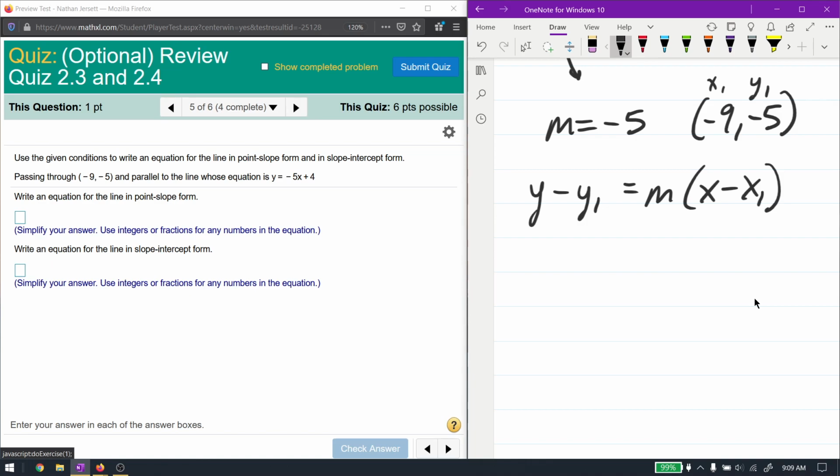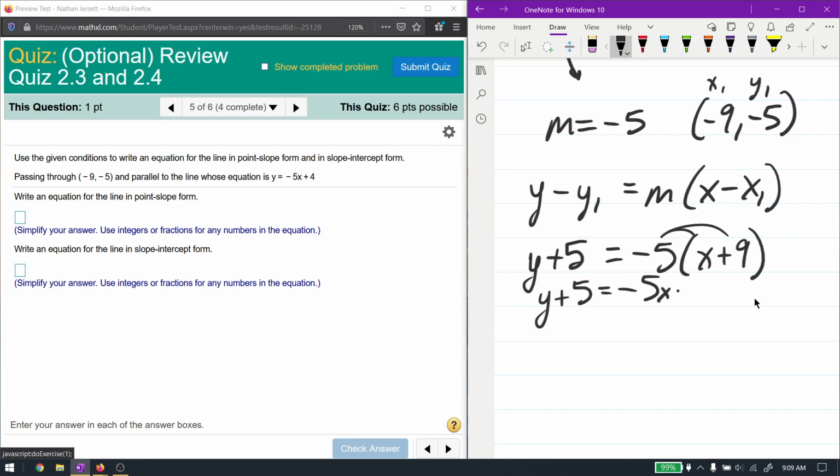Very important to find slope-intercept. So y minus y1 is going to be y plus 5 equals negative 5 times x plus 9. Solve for y, distribute the negative 5. That gives us negative 5x minus 45, and subtract 5.